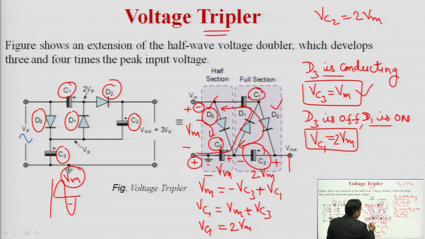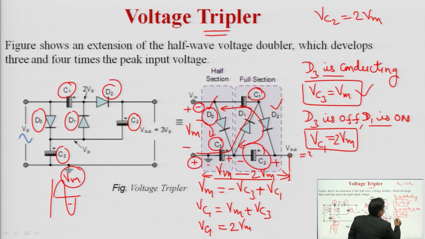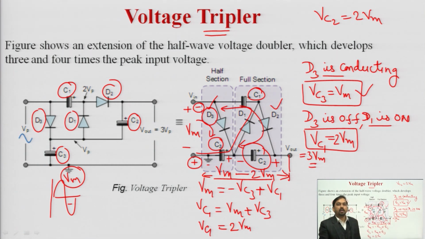So the effective voltage for this combination is 2 Vm plus Vm, which is nothing but 3 times Vm. Here we can clearly see that the output we received from this tripler circuit is 3 times the peak rectified input signal.